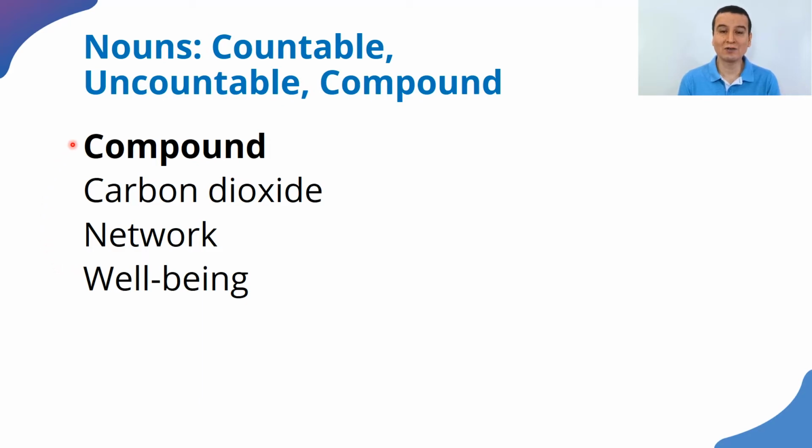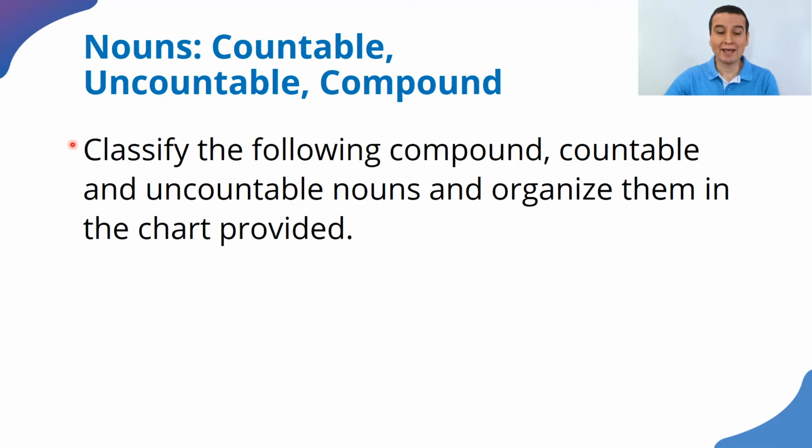So those are nouns in general, but I would like for you to think about this in this lesson by completing one very simple activity. I want you to think about some nouns and see, are they countable? It means that can I count them? Yes or no? Or if they are uncountable, or if they are compound nouns. All right? Here's a list for you to classify the following compound, countable, and uncountable nouns and organize them in the chart provided.